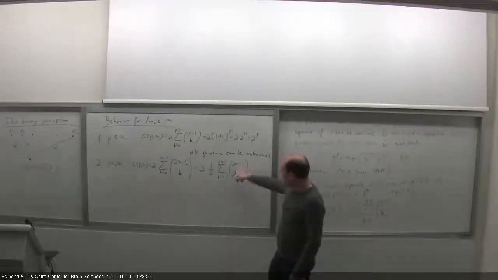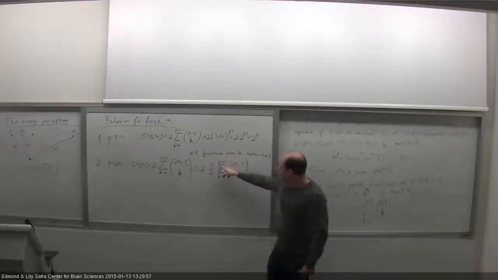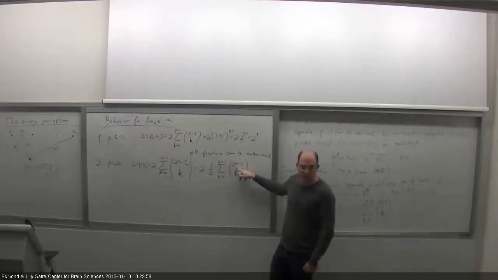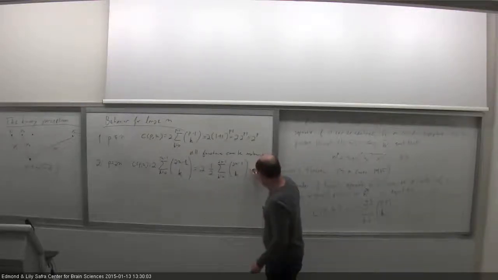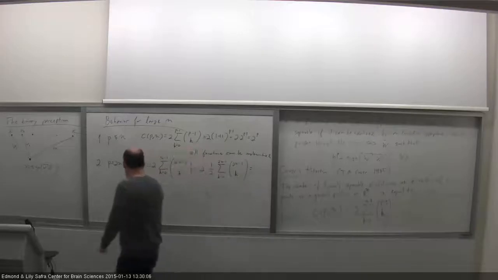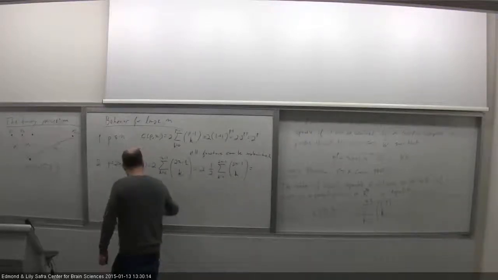This is why I can write this. But now, in this expression, you see that it has the same form as what we had before. We're running over all possible powers up to 2n minus 1. So this is 2 times half times (1 plus 1) to the power 2n minus 1.